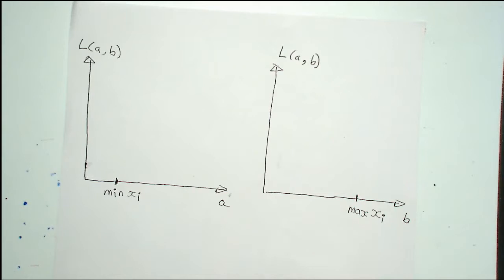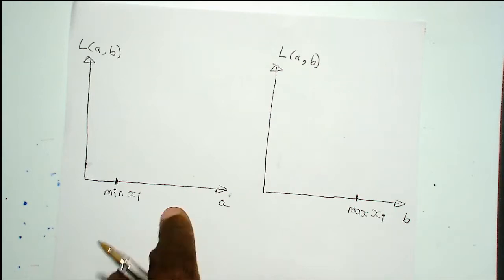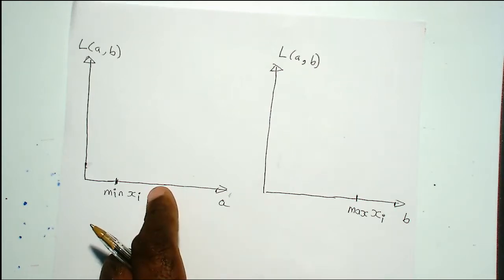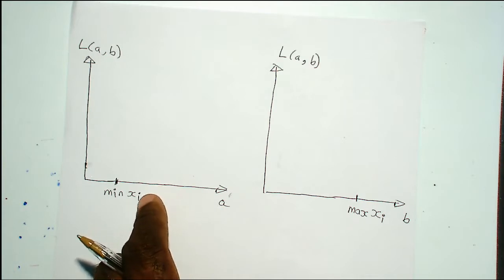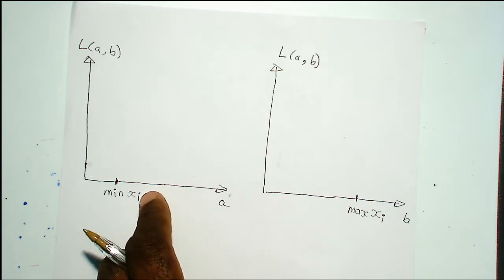Now, this function says that a must be less than or equal to the min of xi. But if a increases, b minus a will decrease, and 1 over b minus a will increase.